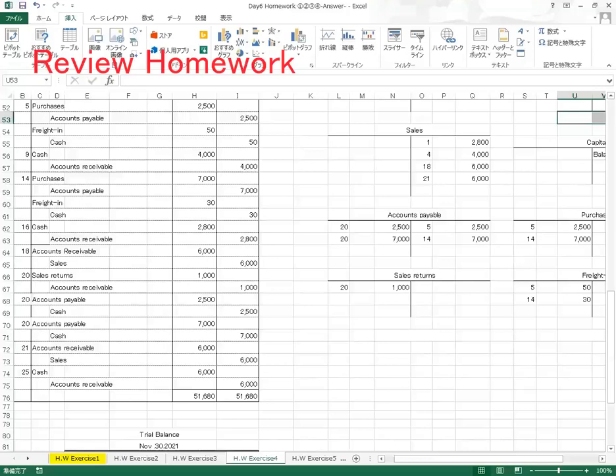Freight in is the transportation of materials, and also freight paid is when customers pay the freight transportation fee, and also freight fee is when there is no payment of the transportation. So that is the very special words for you.